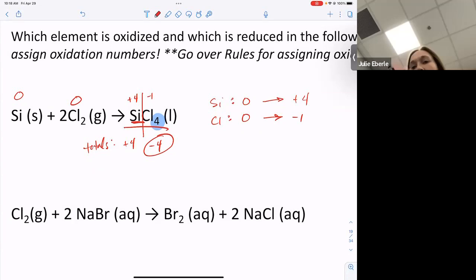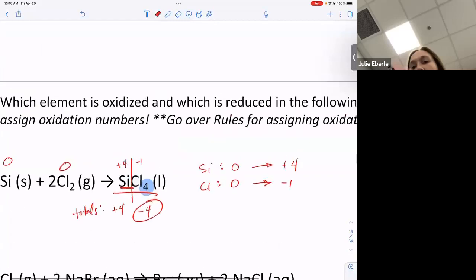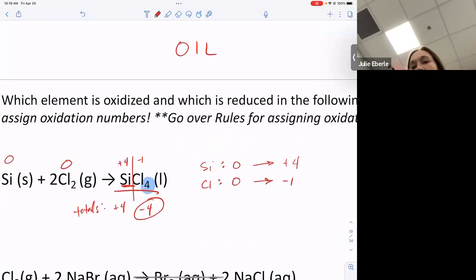So what's being oxidized and what's being reduced? Do you remember how we defined each of those? Oxidation is the OIL RIG. Oxidation is the loss of electrons. Reduction is the gain of electrons, OIL RIG.